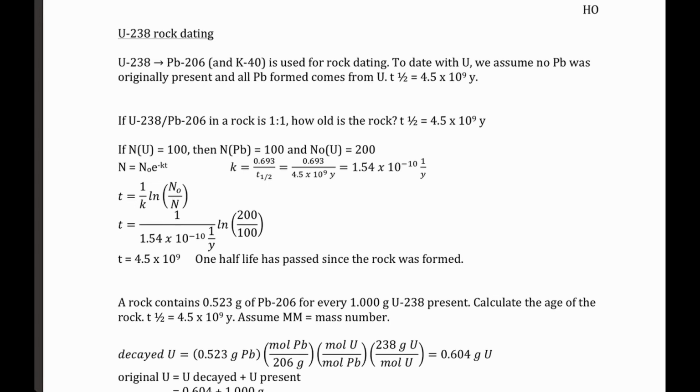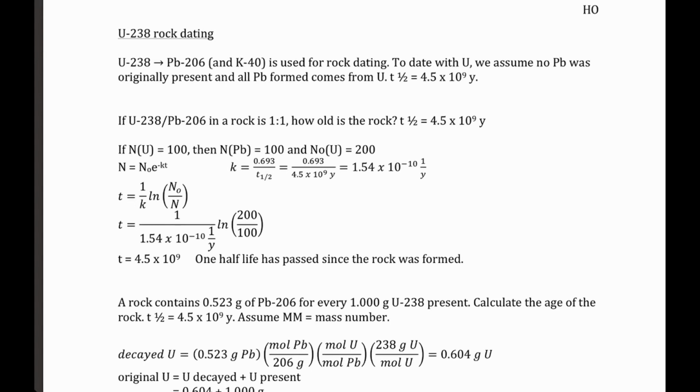And when we are using that decay process, we assume that all the lead currently in the rock came from uranium. We have the half-life for this process to be 4.5 times 10 to the 9th years.